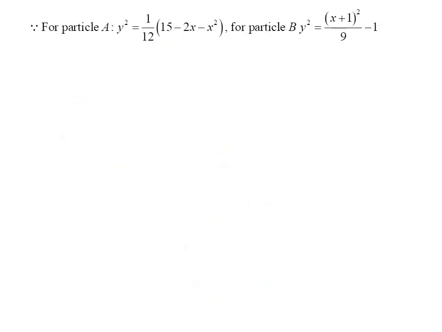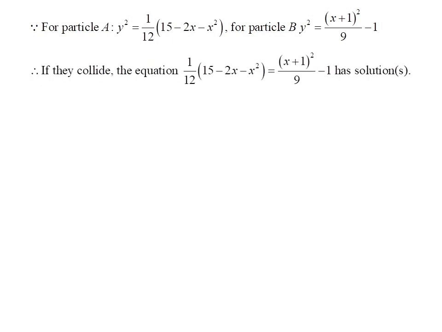We have already known for particle A that y squared equals (negative x squared minus 2x plus 15) all over 12. And for particle B, we have y squared equals (x plus 1) squared over 9 minus 1.